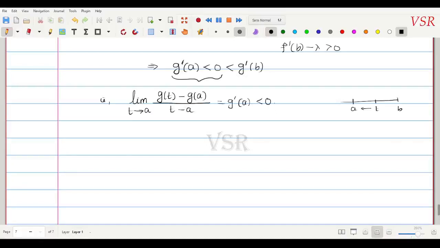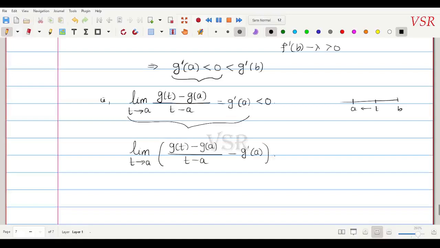We have limit t tending to a, this fellow is converging to 0. யாரு? g of t minus g at a divided by t minus a minus g dash of a which is equal to 0.